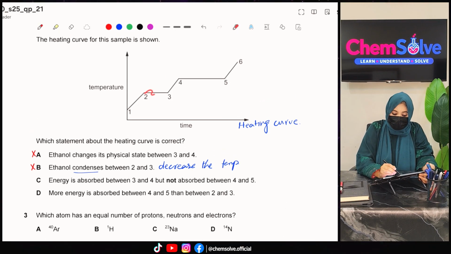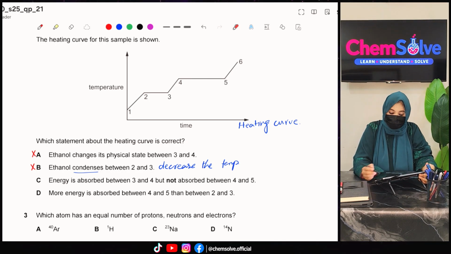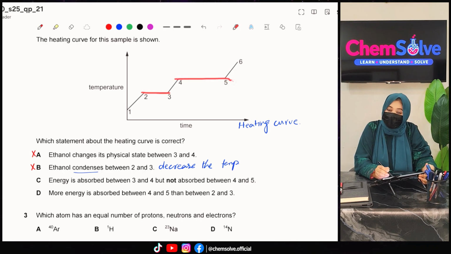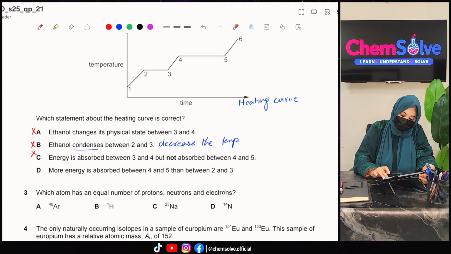You can see these portions in the curve have constant temperature. Energy is being absorbed, but this energy is used to overcome the force of attraction between the particles. So energy is absorbed in 2 and 3 as well as in 4 and 5. So of course this statement is also incorrect.